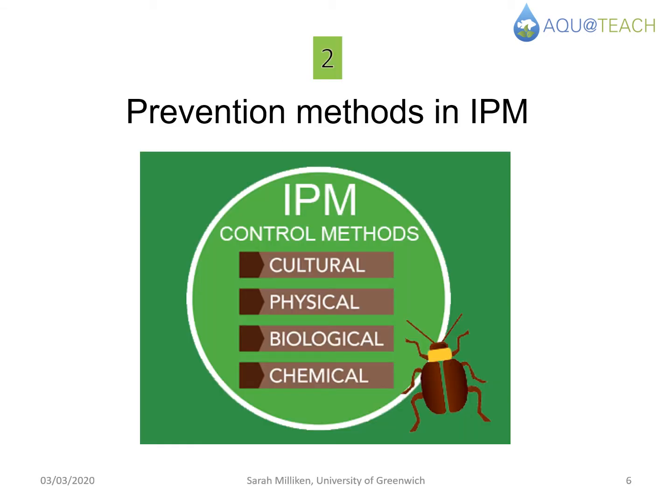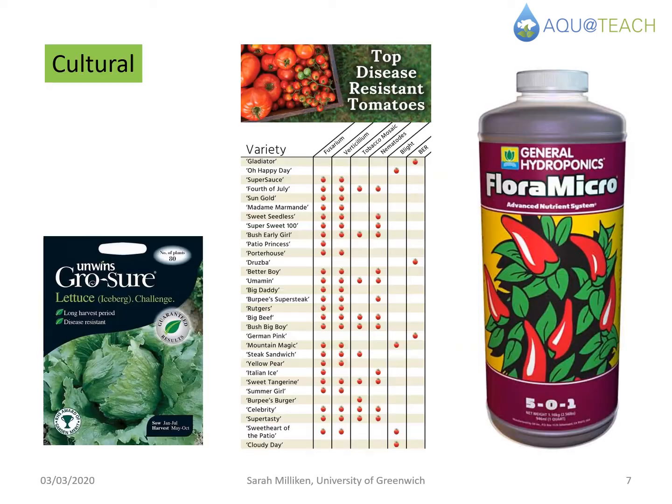The second section of the module looks at different kinds of control methods in IPM. These may be cultural, physical, biological, or chemical, or a combination of these. So let's start by looking at cultural methods. These include maintaining hygiene in the greenhouse, which prevents the spread of pests and diseases, and using appropriate plant spacing.